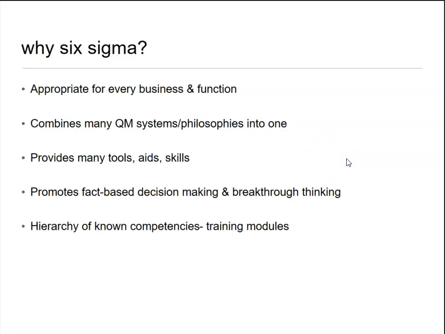It's a hierarchy of known competencies in training modules, so you have a whole workbook on how to do a Lean Six Sigma project. You're not making up the whole way of doing things. There is a hierarchy and there's a way of doing it. It's measurable and quantifiable. You cannot just say that you are a Six Sigma company. You have to be able to prove it.